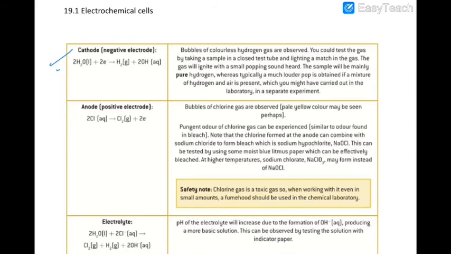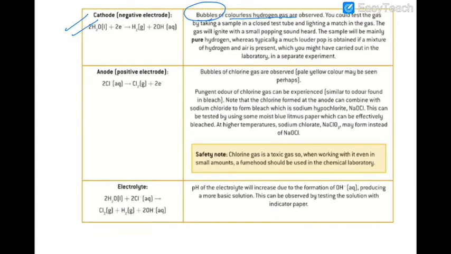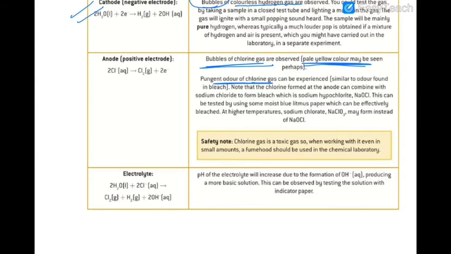So at the cathode, you have the same equation and you will observe colorless hydrogen gas produced. You'll see bubbles. And at the anode, we'll see pale yellow chlorine gas bubbles being produced. You'll smell the pungent odor of chlorine gas. If you combine the equation at the cathode and at the anode, you end up with this overall equation.